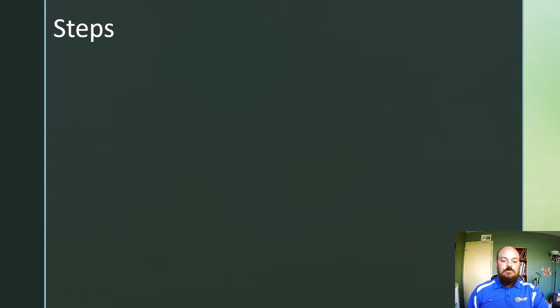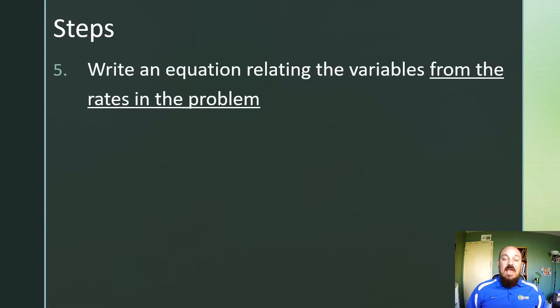So once you have those rates, what you need to do is write an equation. This is the related rates part. You need to write an equation that relates the variables from the rates. So let's say, for example, you're reading a question and you realize that the area rate is given.